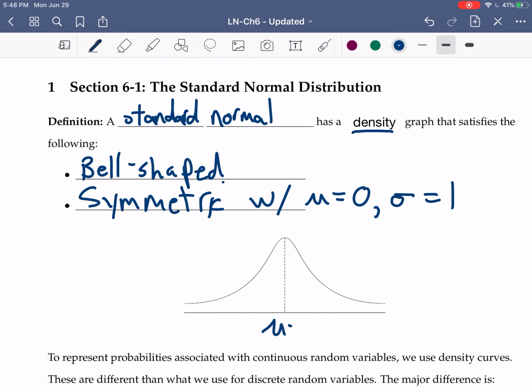So we have our mean here, that is like this middle area, and the standard deviation for a standard normal distribution is 1. So that's what we have.